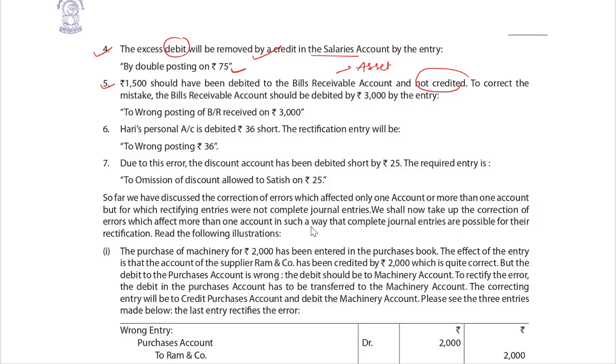So to correct this mistake, we will double it and the bills receivable account should be debited by 3000 by this entry. The entry should be bills receivable account debit 1500. By mistake we have credited it and written bills receivable credit 1500. How will we rectify that? We will debit bills receivable twice: bills receivable 1500, bills receivable 1500, or you can write bills receivable account debit 3000. I think it is clear.